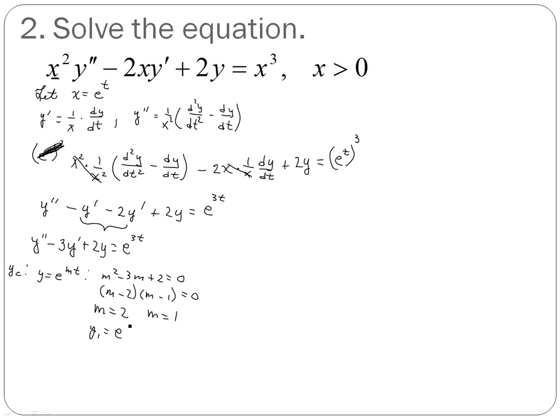And we get solutions of e to the 2t and e to the t. So our complementary solution is c1 e to the 2t plus c2 e to the t.